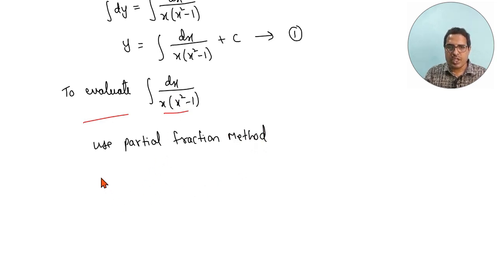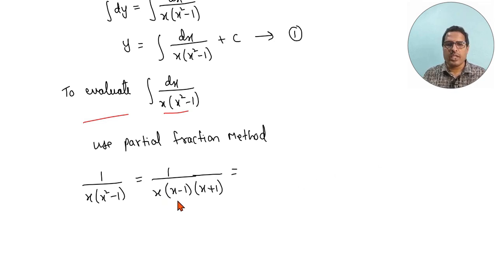Let us consider only the expression 1 by x into (x square minus 1). I can rewrite this as 1 by x into, and now x square minus 1 is in the form of a square minus b square, which can be written as (a minus b) into (a plus b). Here x, x minus 1 and x plus 1, all three are linear terms. Therefore you can use the partial fraction here.